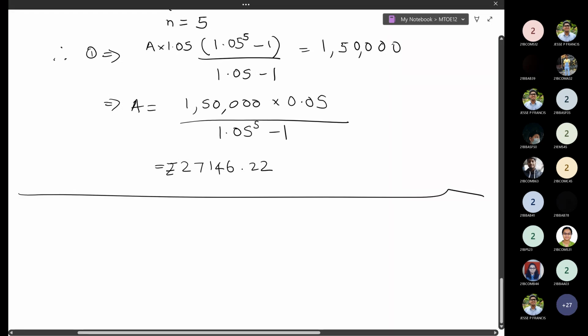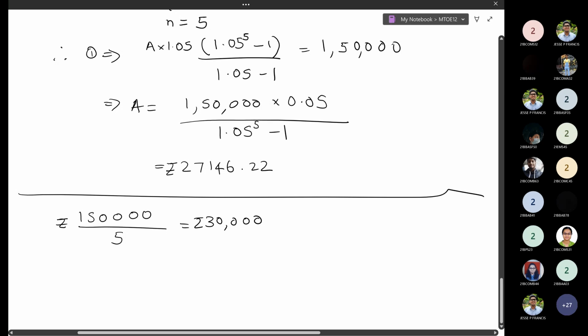Instead, suppose you decided you're not going to deposit, you're going to equally divide and save the required amount for 5 months. 1,50,000 saved over 5 months will be rupees 30,000 every month.